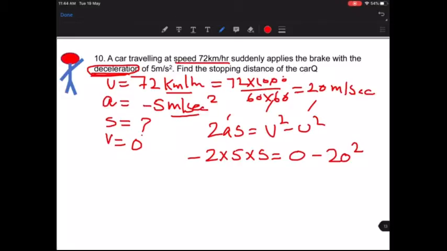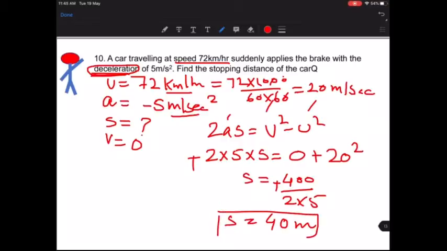So let's see, if we solve this, we will be getting s is equal to 400 upon 2 into 5, and this minus sign will not come, because both minus signs will get cancelled here. So you will be getting 40 meters. s is equal to 40 meters.